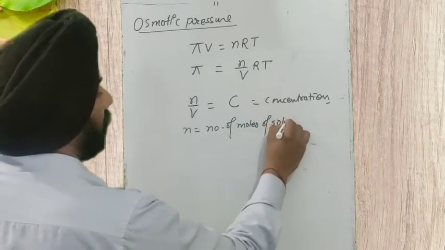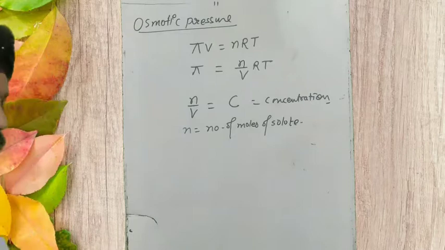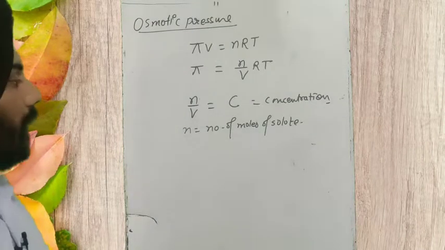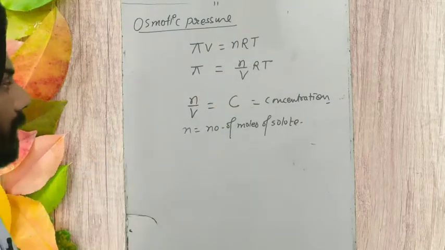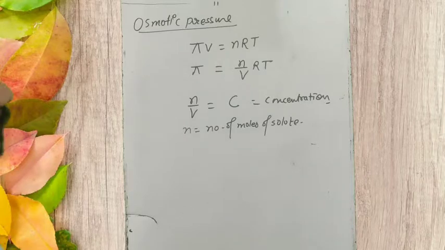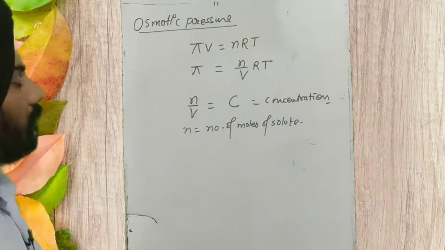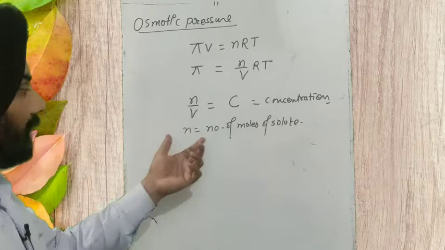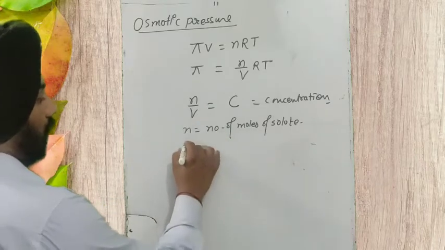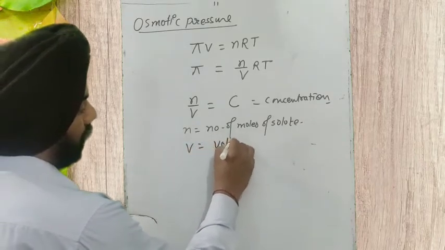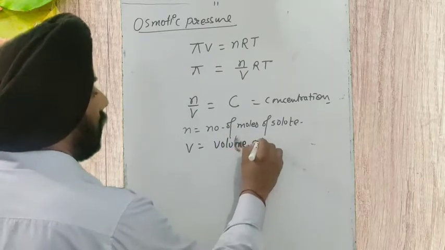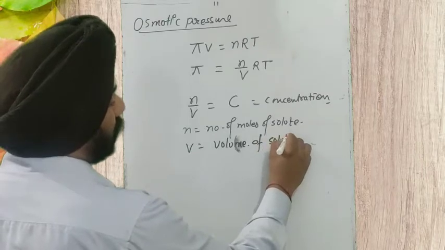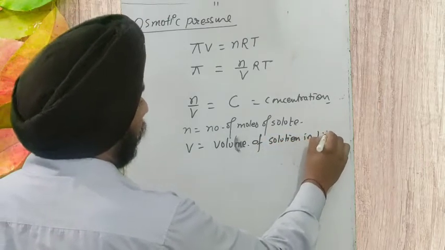I'm not going to derive the formula because there is no importance to deriving the formula here, because we just have to solve the numericals related to this topic. So nothing to do with the derivation of this formula. So that is why I'm not deriving the formula. So n is the number of moles of solute, V is the volume of solution in liters.